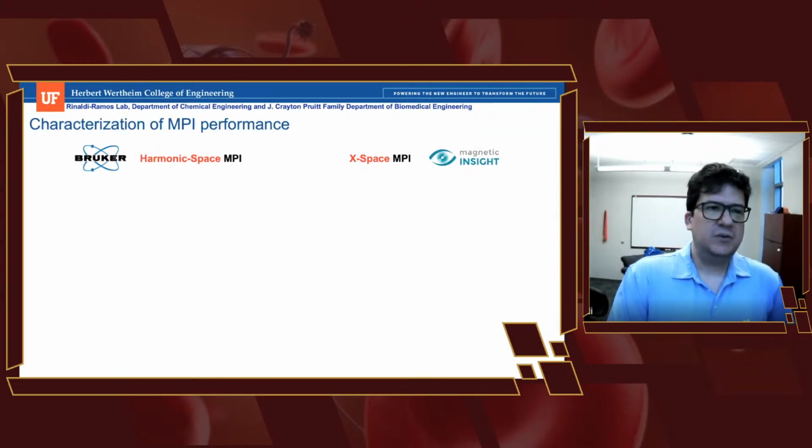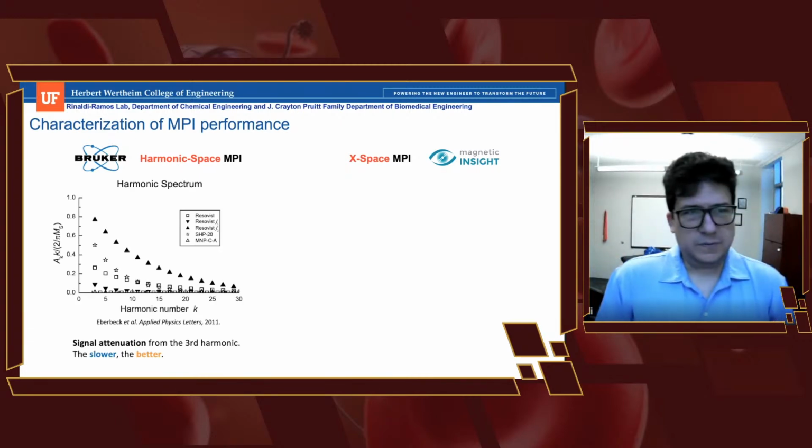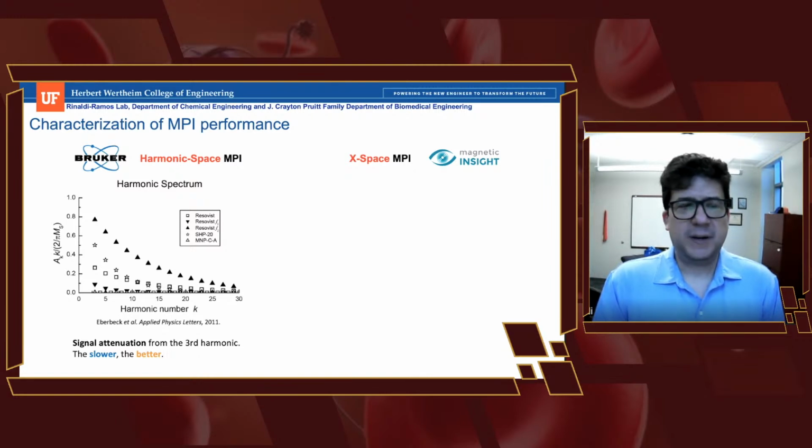To remind you, when we're talking about MPI performance of magnetic particles, we distinguish between 2 approaches to generating an image. The hardware is the same, but the way the image is constructed is a bit different in these 2 approaches, harmonic space and X-space MPI. In harmonic space MPI, when we talk about particle performance, we typically look at the harmonic spectrum characterizing the response of the particles to an oscillating magnetic field of a frequency and amplitude that would be used in the MPI machine.